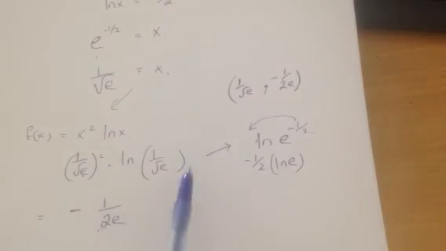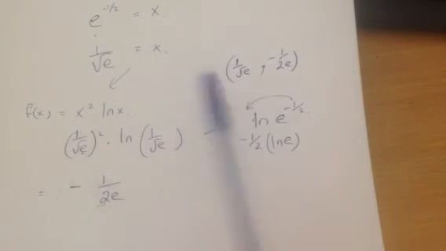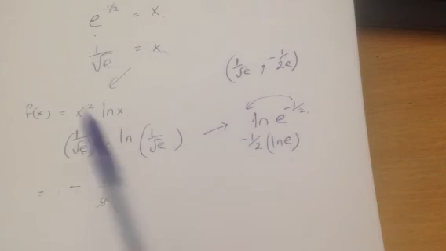Now I might want to prove that that is the local minimum and not the local maximum. So if I wanted to do that, I'd have to get my second differentiation. I hope you'll be able to work out your second differentiation.